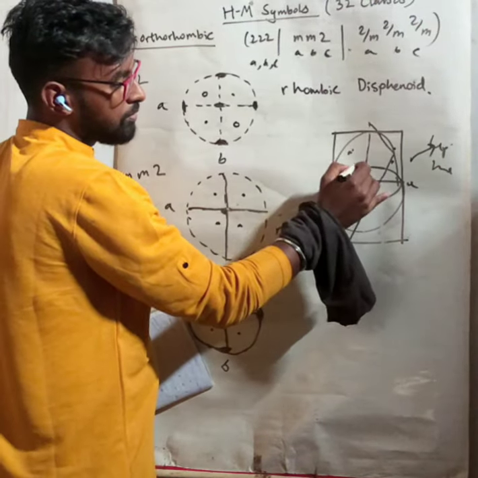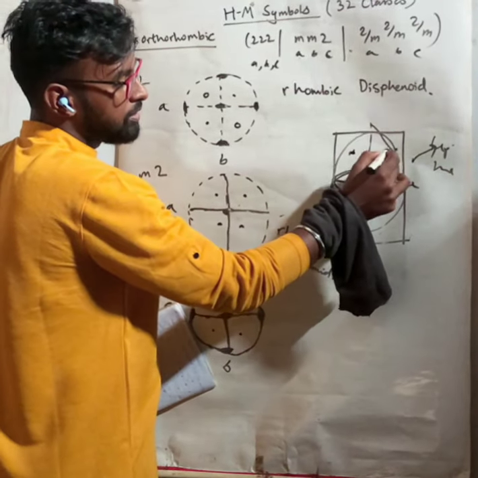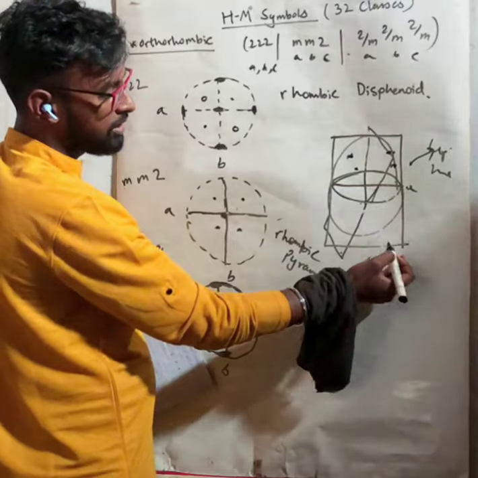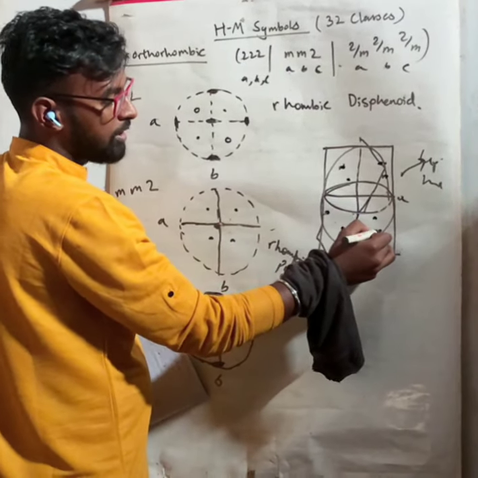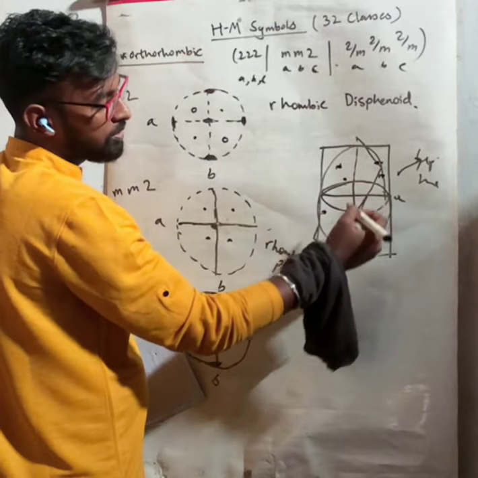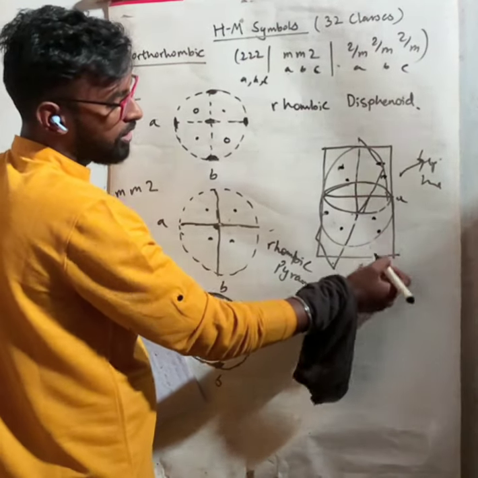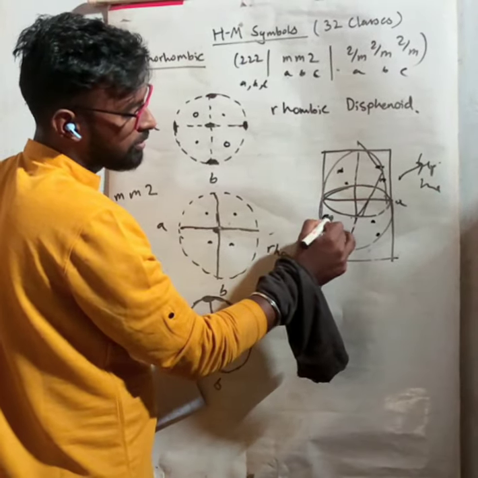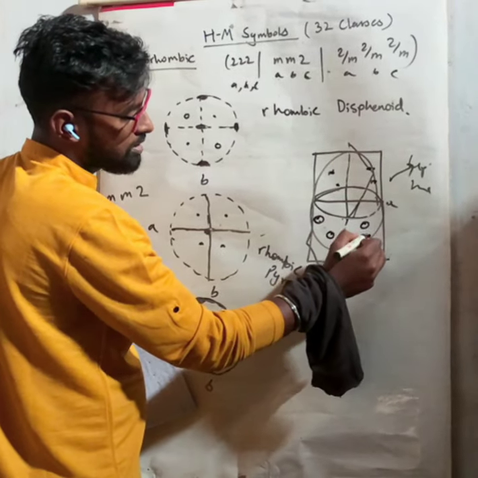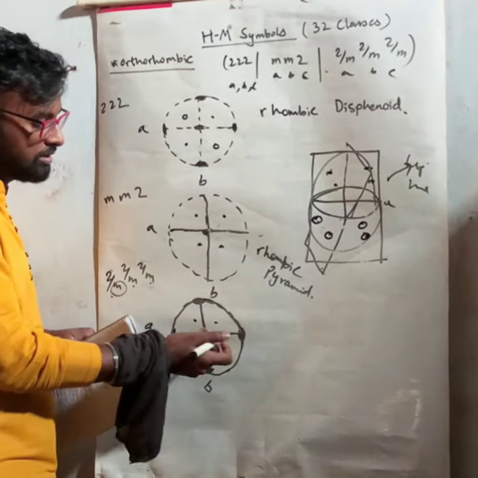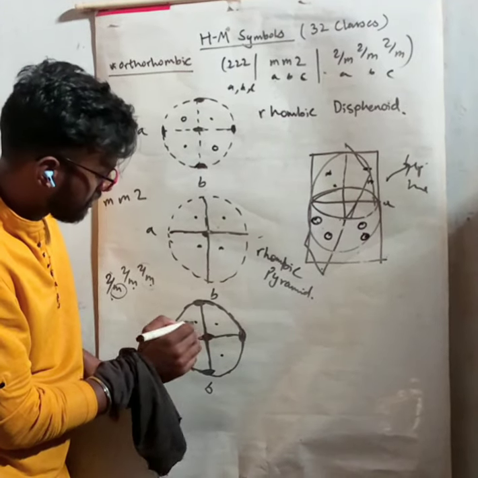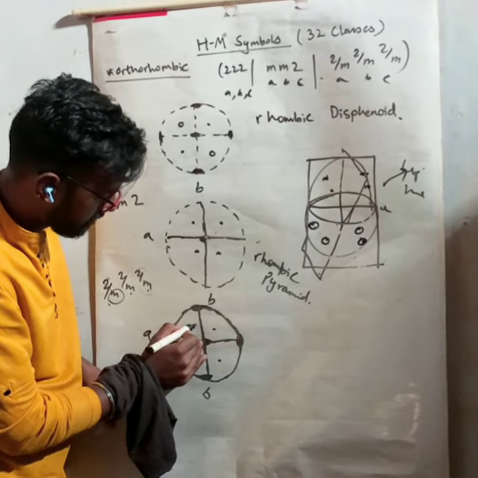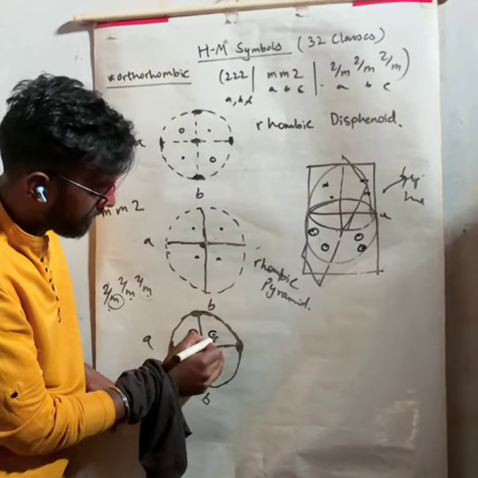So these four will have their projection downward also. That means on this side and this side of the hemisphere we will have projections, but because they are in the lower hemisphere, they will not be dots, they will be circles. So how do we represent this in this figure? For this kind of operation, we will denote it as a circle enclosing the dot.